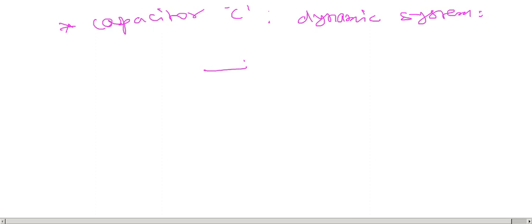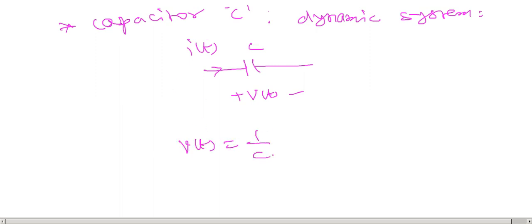If we pass a current I of t through this capacitor C, the voltage and current relationship will be V of t equal to 1 over C integration from minus infinity to t of I of tau d tau, where I of tau is the input and V of t is the output.